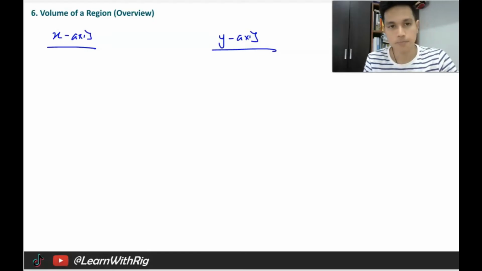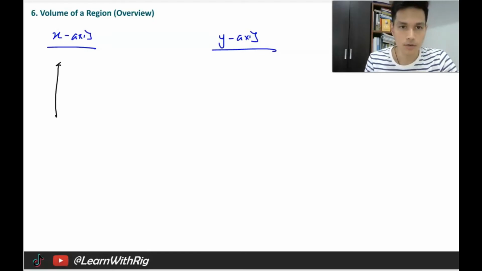Let's say the question is like this, you have the graph, and then you've got a curve here, and then you are looking for, let's say here A, here B. This is the x-axis, this is the y-axis, and you are finding the volume of this part when it rotates around the x-axis.